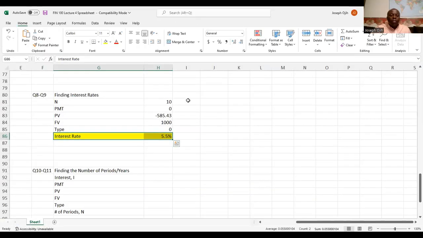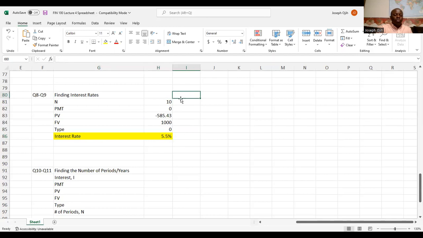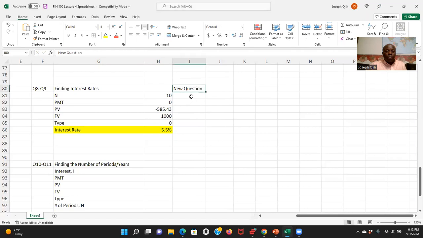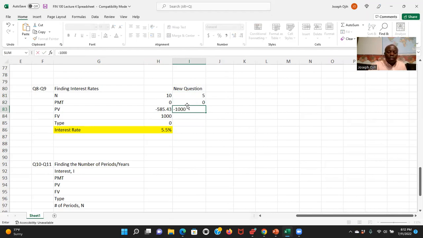Now, since we have already done this calculation, we can just do this new question. So we type in number of years is 5 years. No payment. Present value, the amount invested, is negative 1,000.